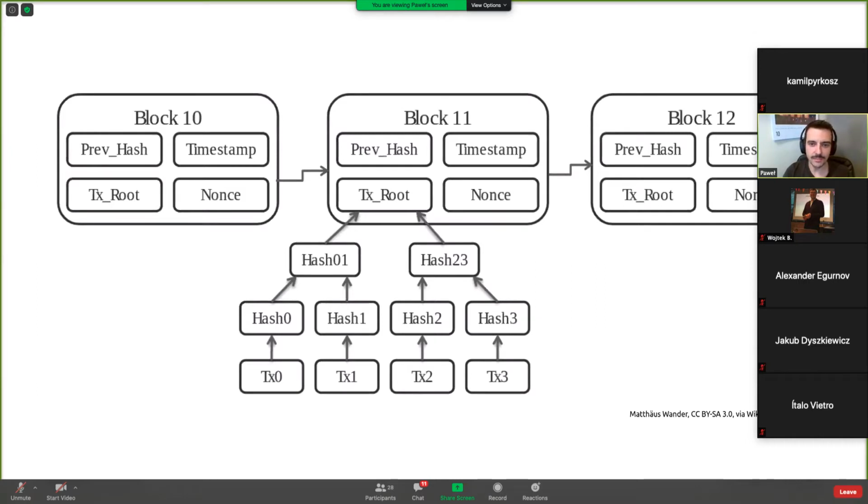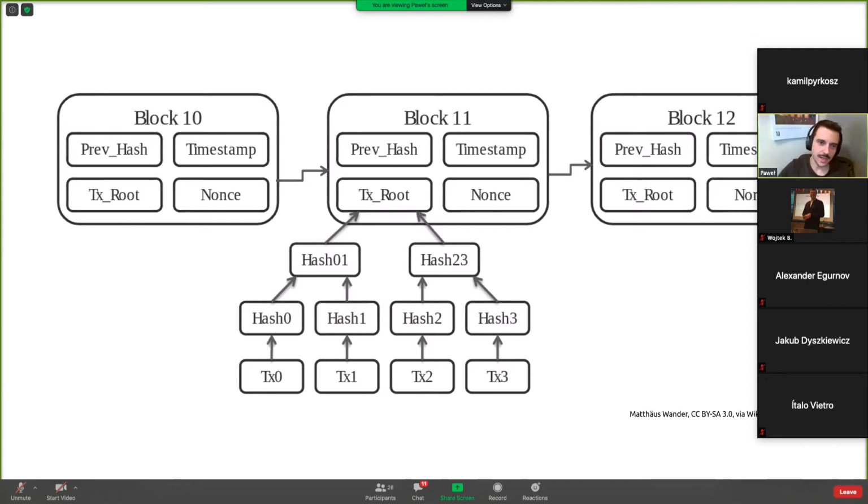The main purpose I'm going to speak about in regards to blockchain is an immutable distributed ledger. So it holds a list of transactions that cannot be changed after they are posted and verified by the network.